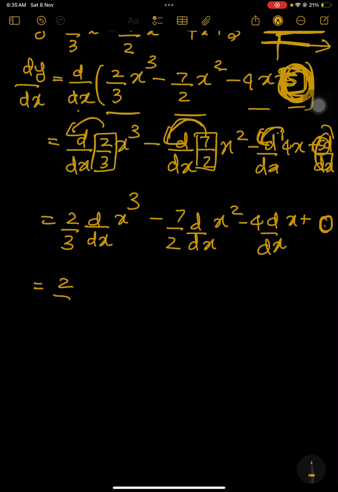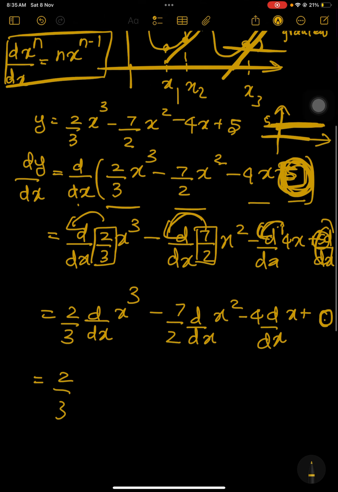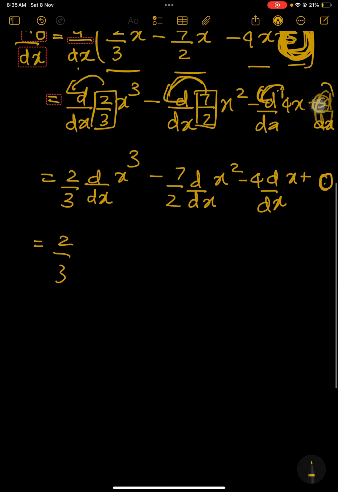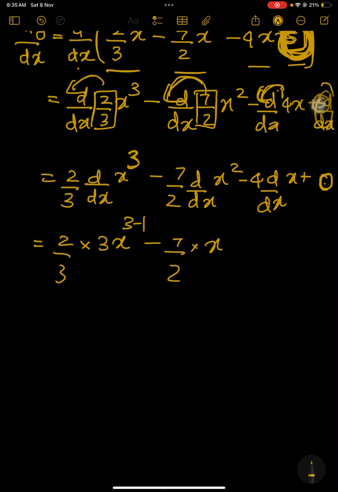So as per this rule, d over dx of x to the power n is n x to the power n minus 1. So 3 x to the power 3 minus 1, that's x squared, 7 over 2 times 2 x to the power 2 minus 1, minus 4 x to the power 1 minus 1.